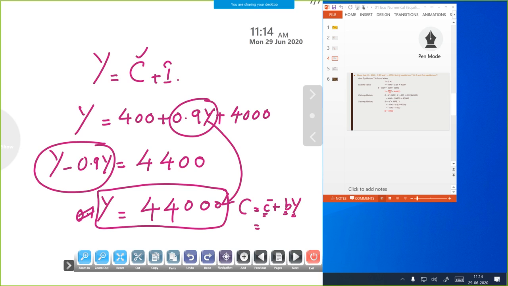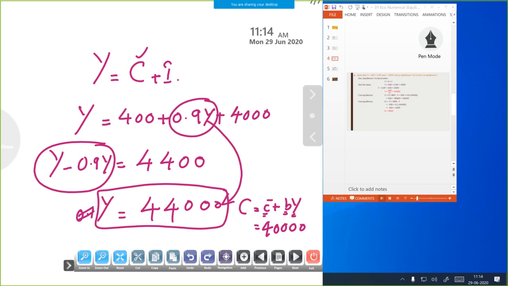So C is equal to, we will get 40,000. Then C we got.